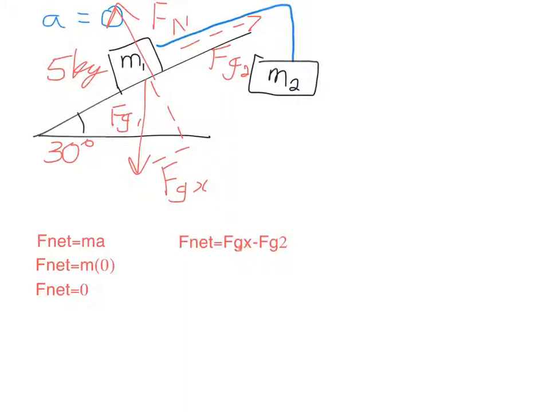FNet I already know is 0, so now I need to figure out what FGX is. If you remember from the previous lesson, this is just the mass and gravity of this multiplied by the sine of the angle. So I'm going to do a substitution here.